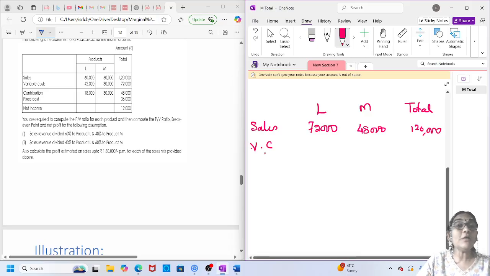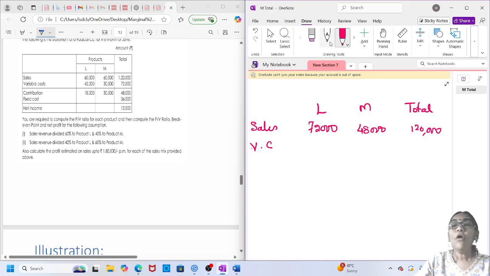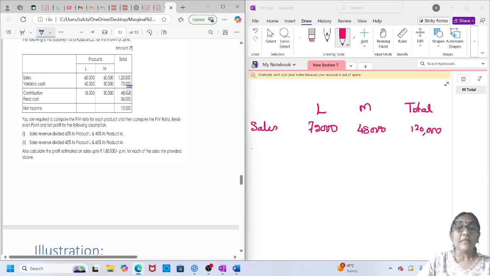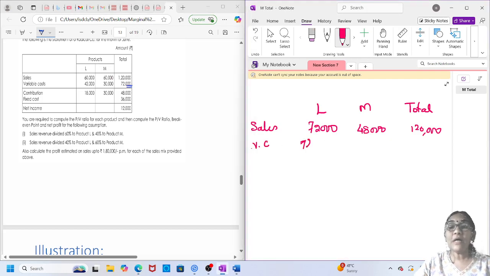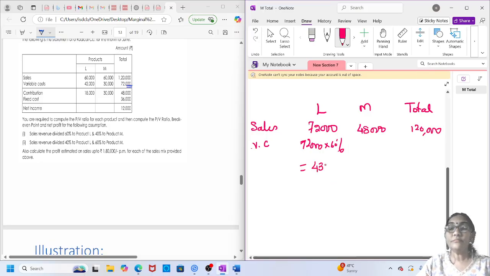Variable cost will change proportionately, or what we can do is use the same variable cost, 72,000 is your total variable cost, since it is directly proportional. 72,000 into 60% would be 43,200.